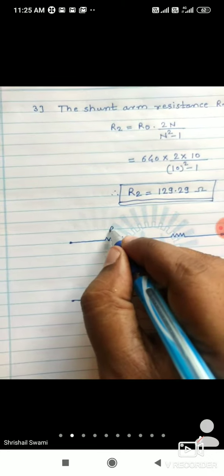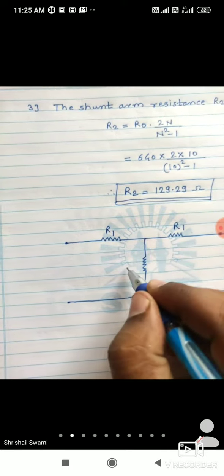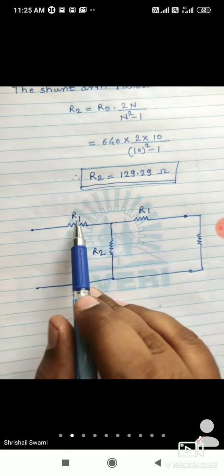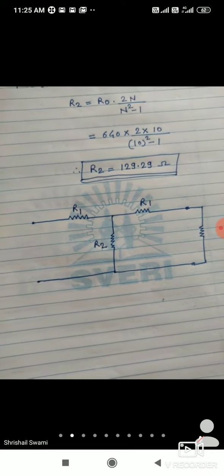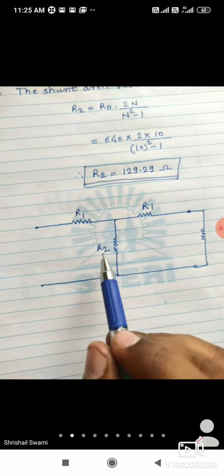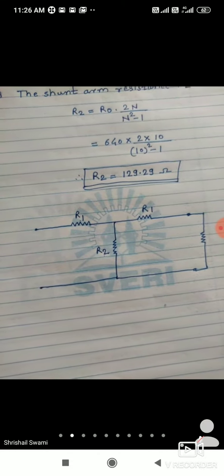Okay, so this is R1, this is R1, this is R2. Many students make mistakes, they write here R1, here R2, here R3, and put the values incorrectly. So if you are missing the diagram, you will lose the mark.